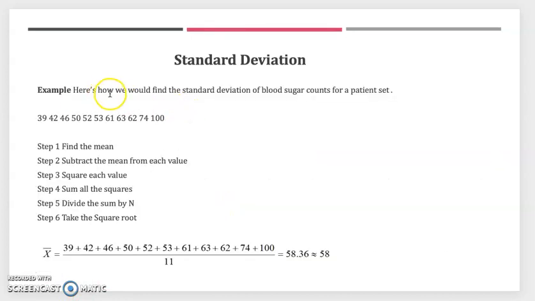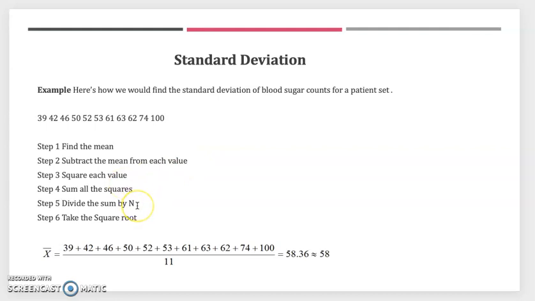Here is an example: we find the standard deviation of the blood sugar count for a patient set. These are the values for the count. In order to find the standard deviation, the first thing we need is the mean of all the values. Then we subtract the mean from each value, square each, and find the sum.